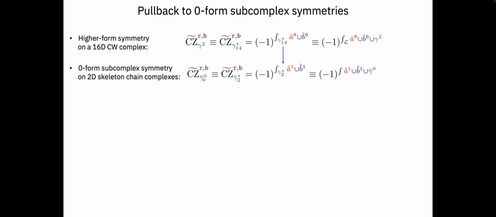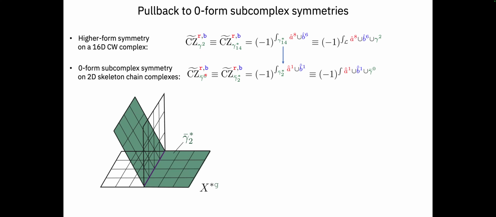So it's supported on a zero cocycle. But this zero cycle, its Poincaré dual is a 2-cycle, a top-dimensional 2-cycle, but it's not the entire complex. To understand the picture, for example, you have a two-dimensional square complex, but you can have many 2-cycles supported in it. So you can think that I start with a high-dimensional manifold and then I compactify it such that those higher-form symmetries become these subcomplex symmetries.